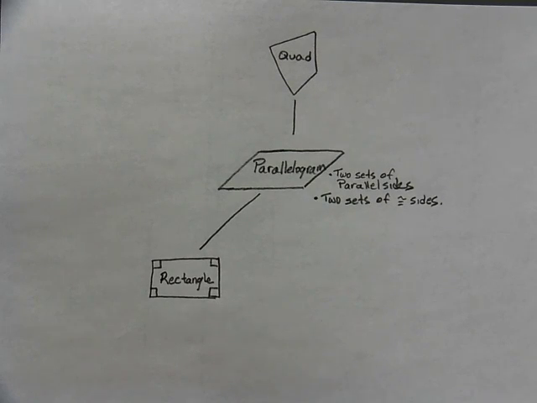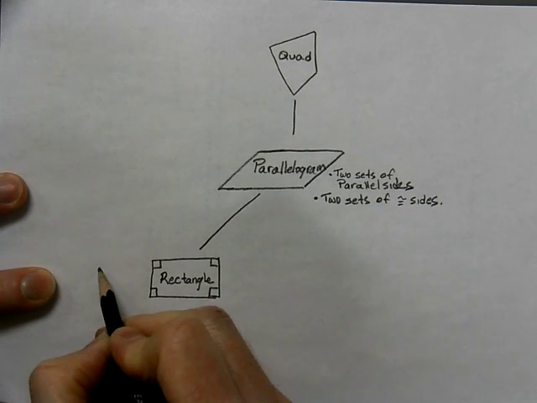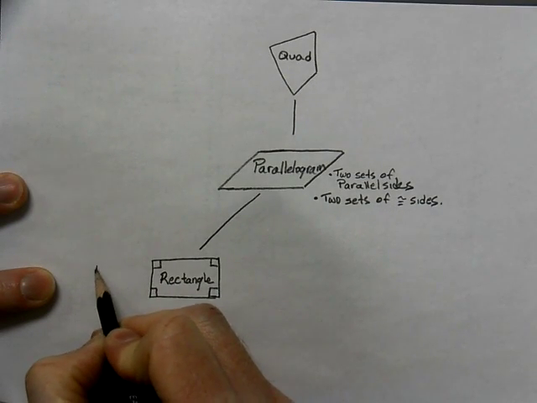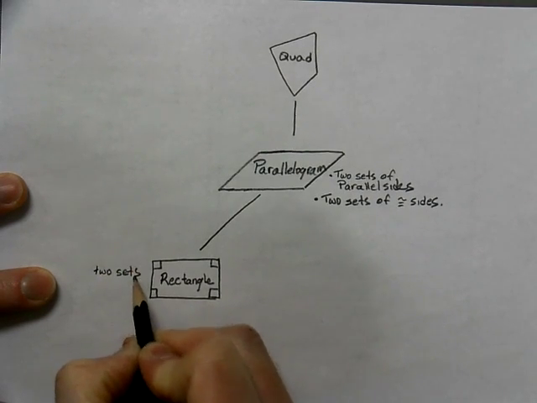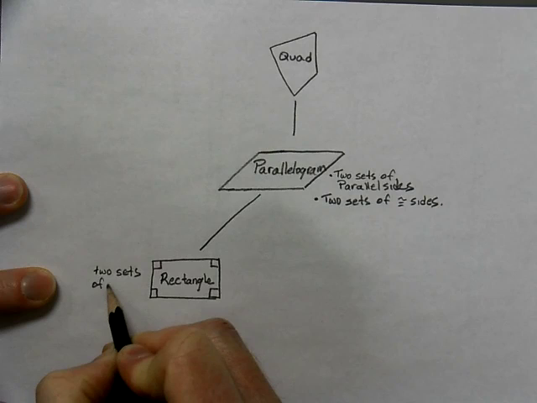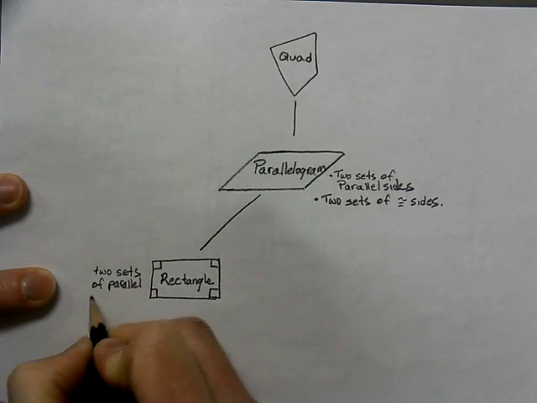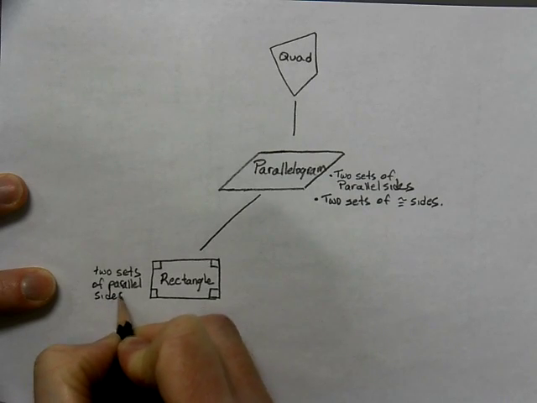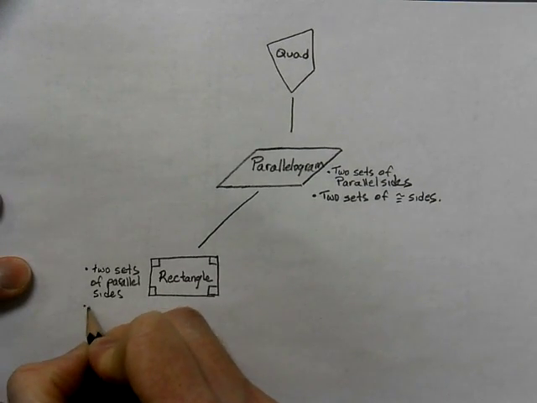Really, the only guarantee that we have is 2 sets of parallel sides, and we have two sets of congruent sides.